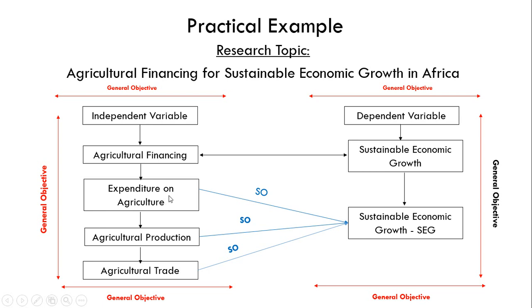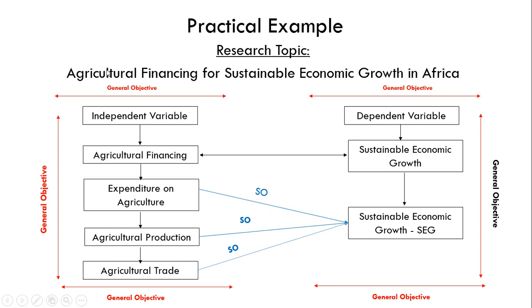So going forward, you see expenditure on agriculture on sustainable economic growth, agricultural production on sustainable economic growth, agricultural trade on sustainable economic growth. All of this, as indicated with the blue arrow, is what we call the specific objective.